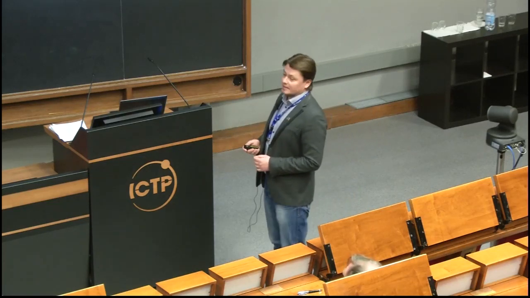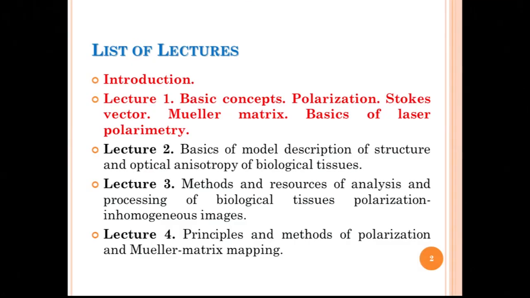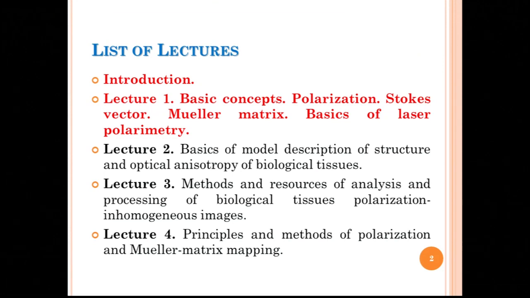So the list of lectures: it will be one lecture, but four directions, including the introduction, is the following. The first is basic concepts of polarization, Stokes vector, Mueller matrices, and basics of laser polarimetry. In the second, we will discuss some basics of model description of structure and optical anisotropy of biological tissues.